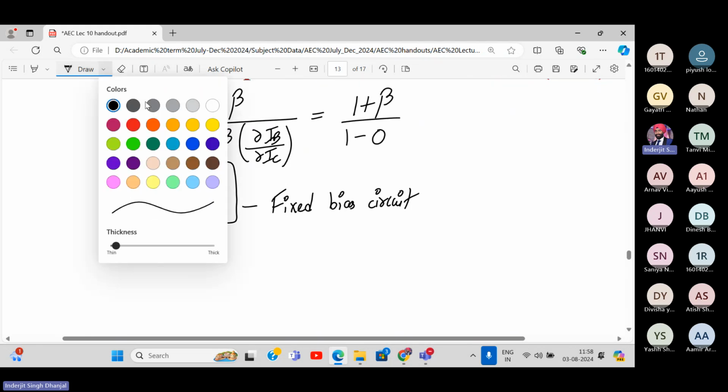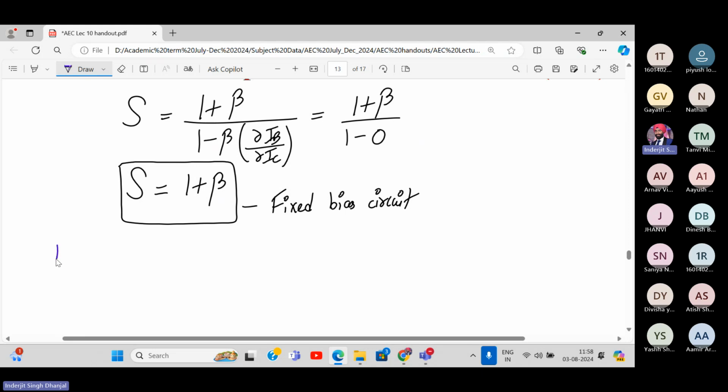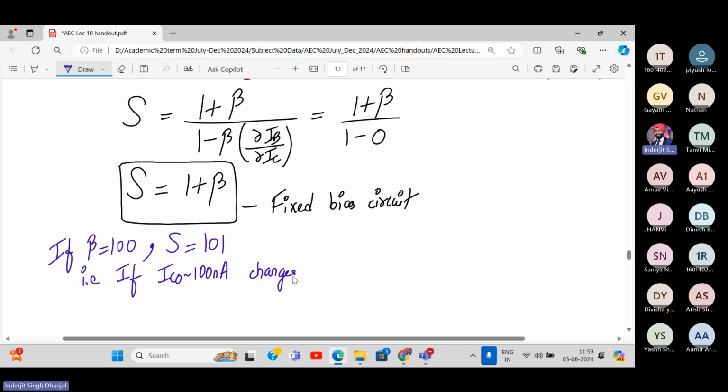What is the significance of this stability factor? Let's say beta is 100. So what is S? 101. Very, very high. That means if ICO, let's say the ICO value is around 100 nanoamperes, for example, changes by 1%, your IC will change by 101%. It's very, very bad.